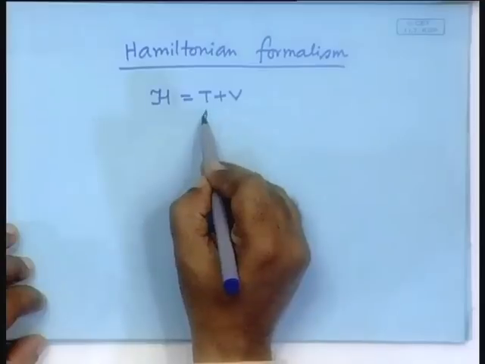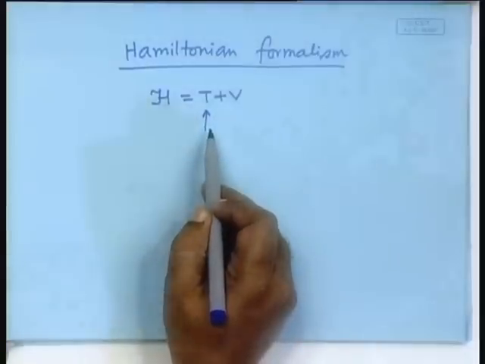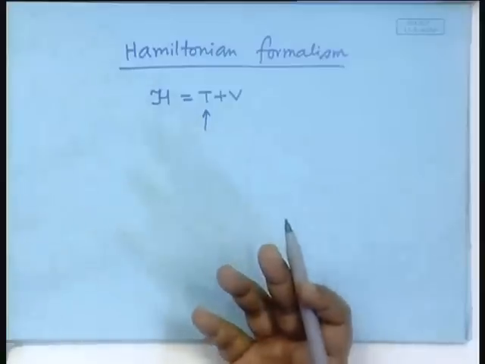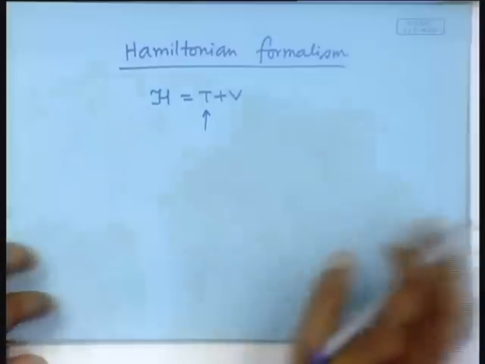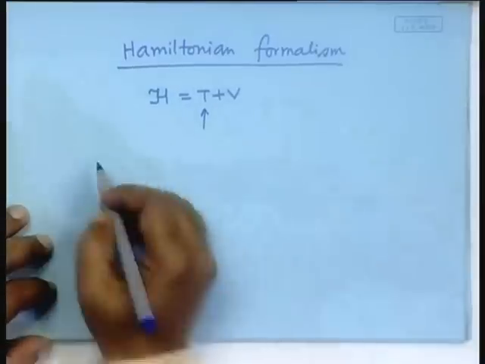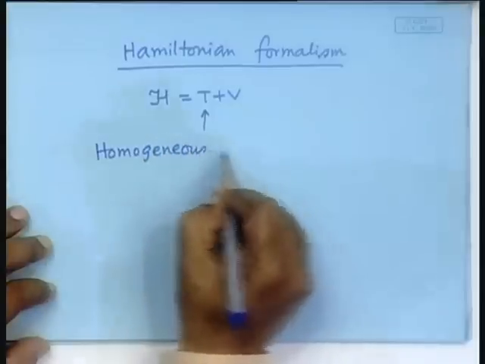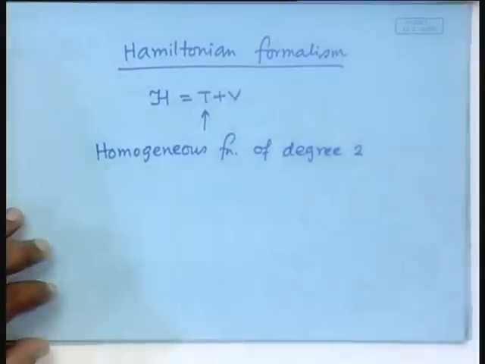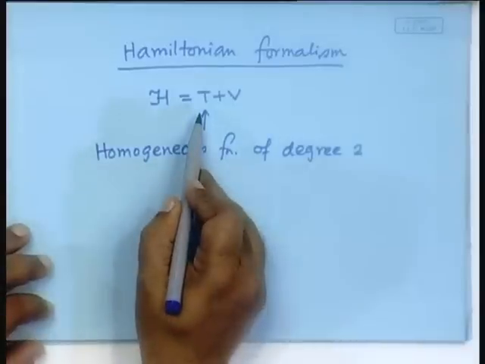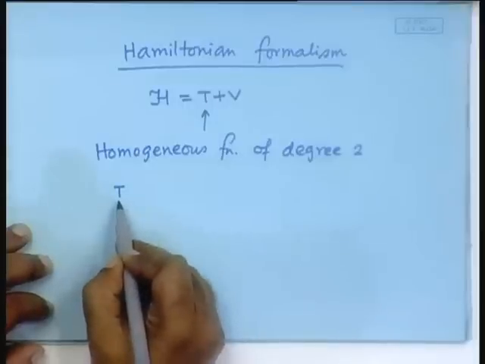Now, there is a specific property of the T term. T is a kinetic energy. It has the specific property that in mathematical terms it is called homogeneous of degree 2. Now, what does it mean by a homogeneous function of degree 2? T would be a function of what?